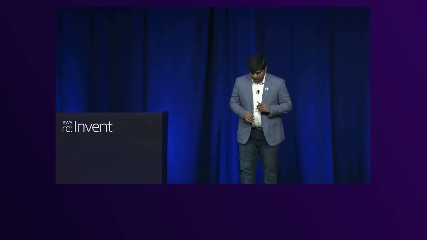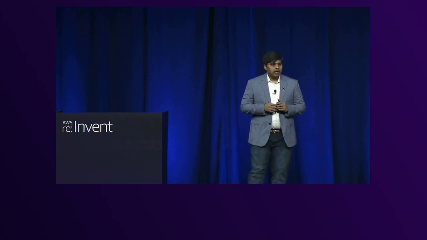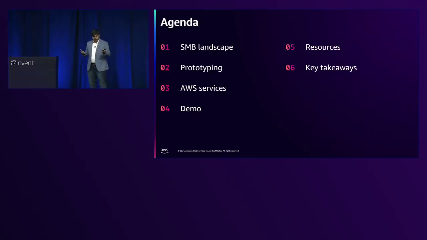Let's start with the agenda and what we're going to cover. We'll start with SMB customers, what your priorities are, and the challenges you face when it comes to technology.